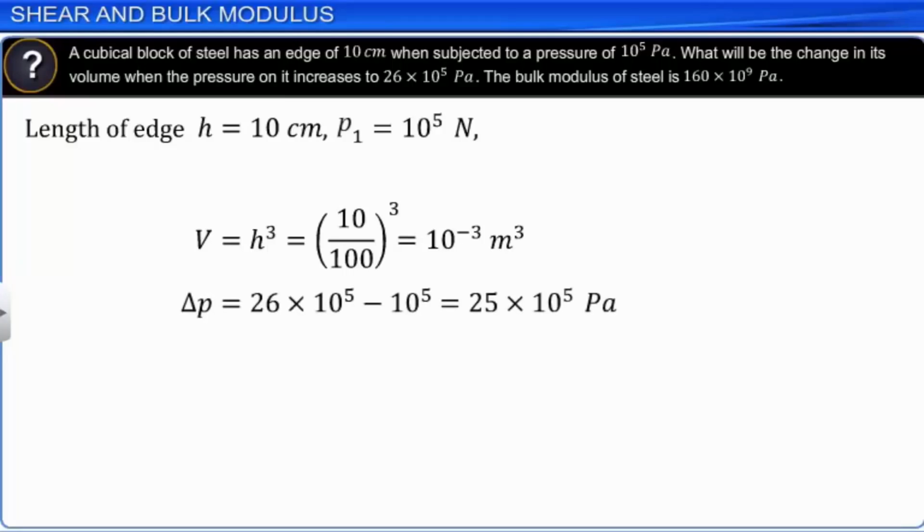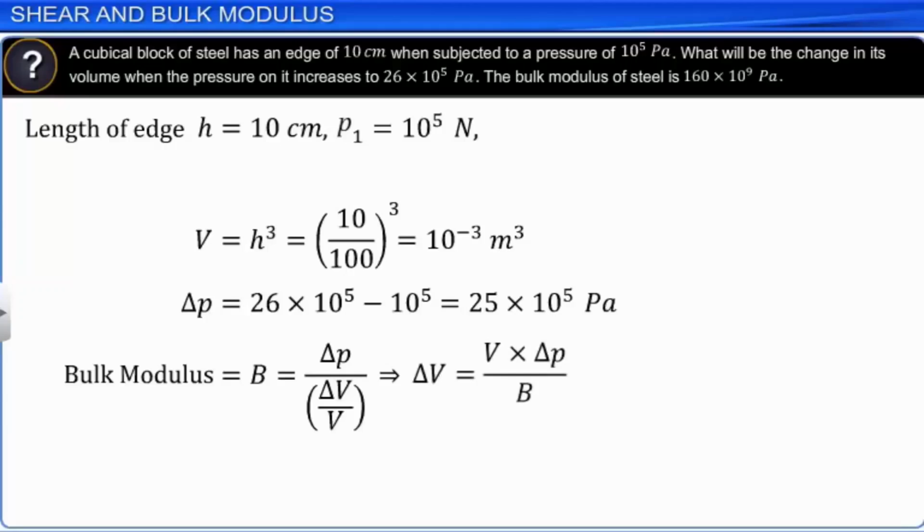We rearrange this expression to solve for delta V, the change in volume. Substituting the values of delta P, V, and B, we get the change in volume, delta V, as minus 1.56 times 10 to the power minus 8 meters cubed. The negative sign in the answer means the final volume is smaller than the original volume.